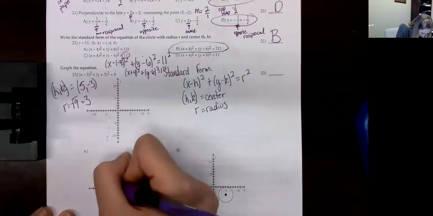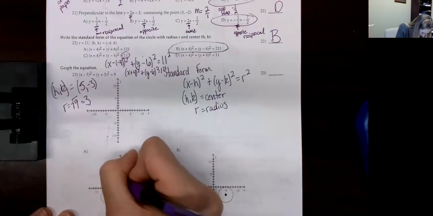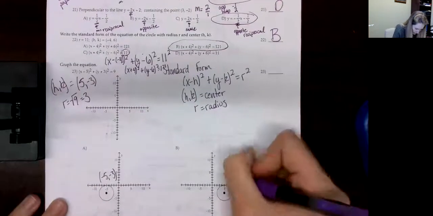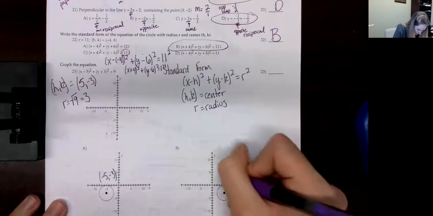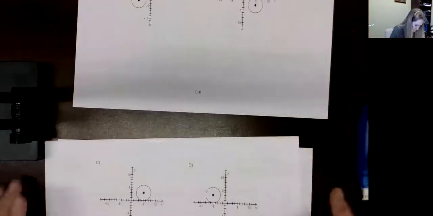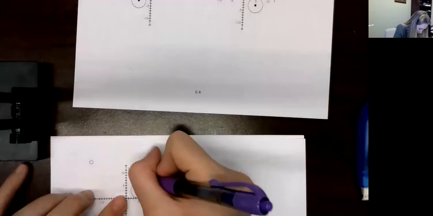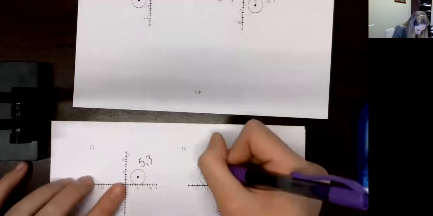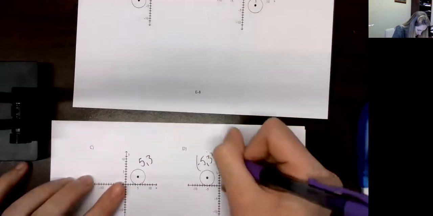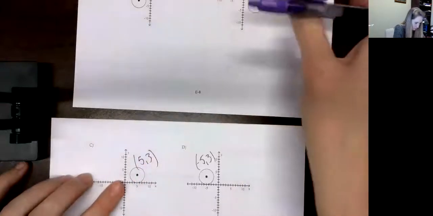So this one right here is -5, -3. This one is 5, -3. This one is 5, +3, and this one's -5, +3. So the one we needed was 5, -3, so B is our answer.